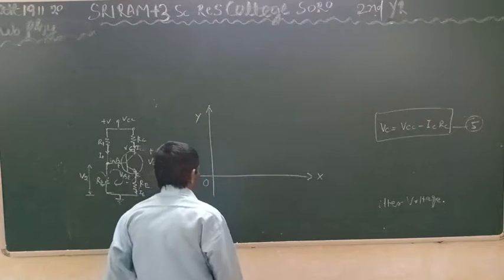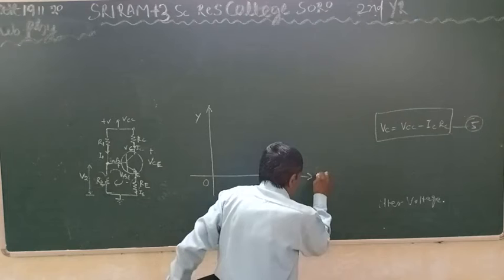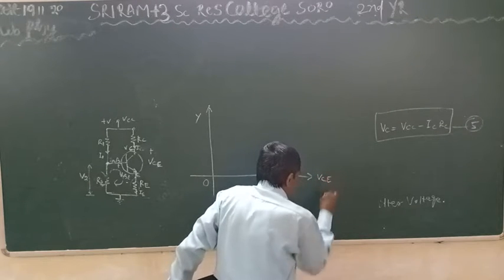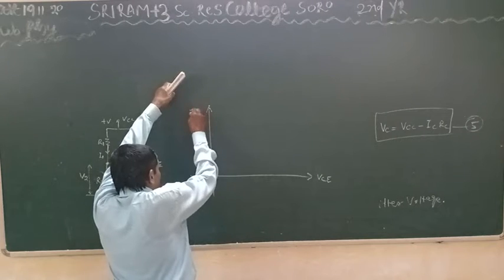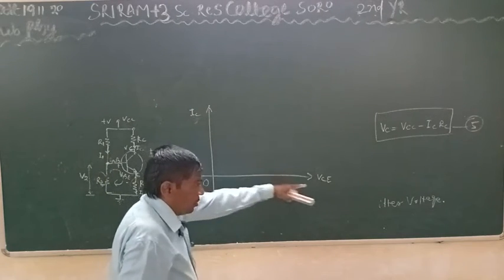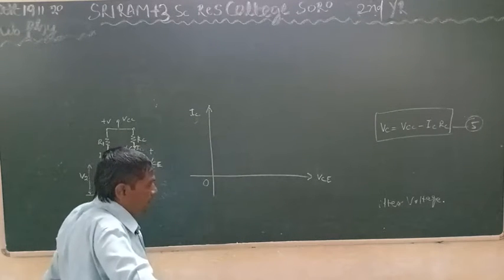This is the origin 0. On the x-axis we take VCE, on the y-axis IC, that is collector to emitter voltage versus collector current.